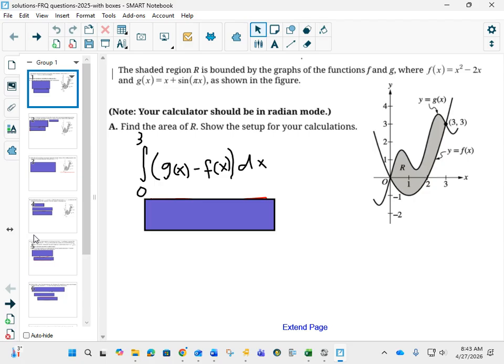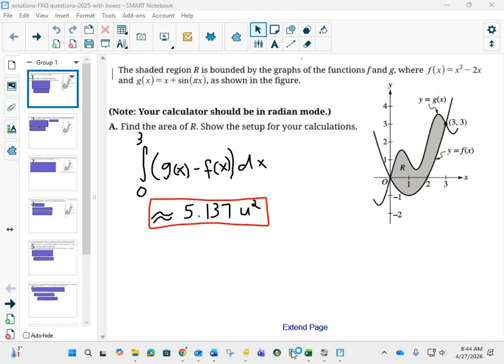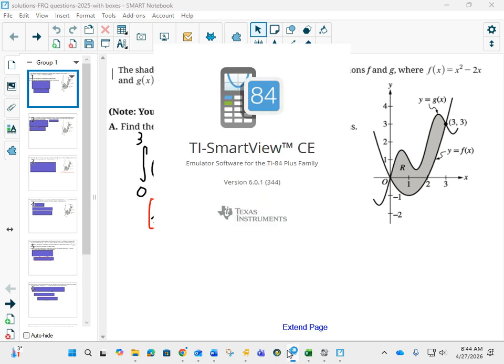Now, when you go to type this into your calculator, you have to, of course, put these functions in. And there are some things we can do with our calculator. So I'm going to open up our calculator here.